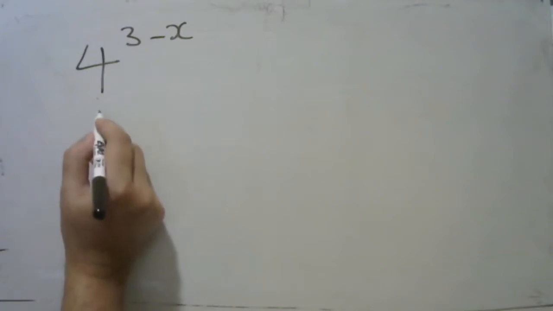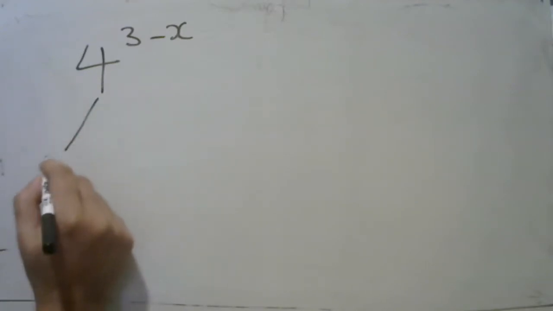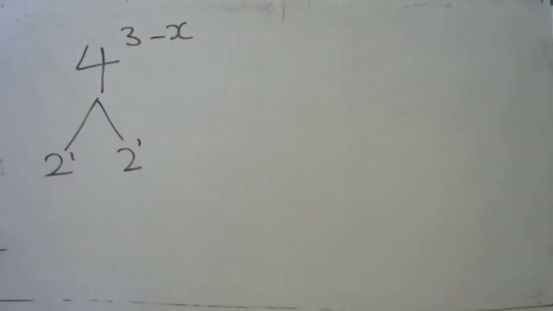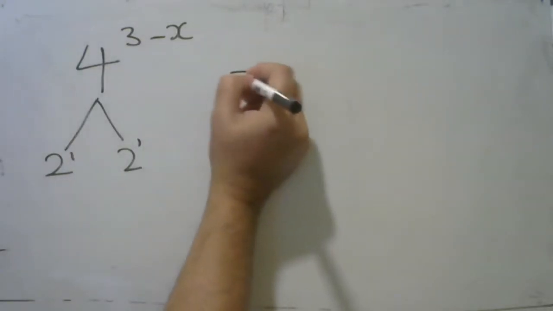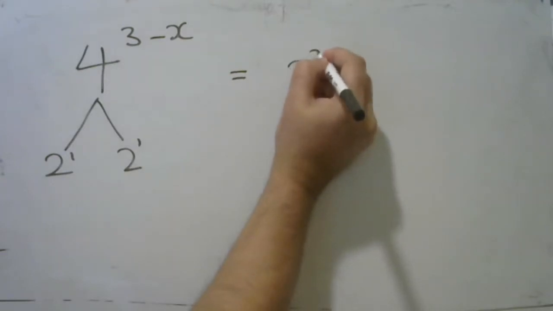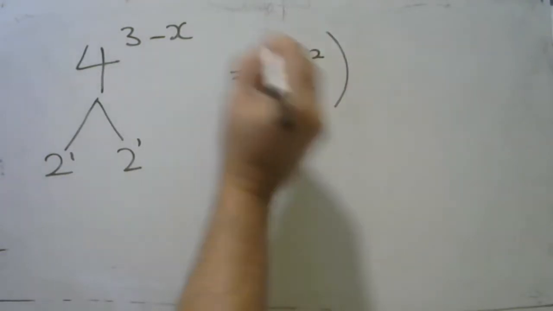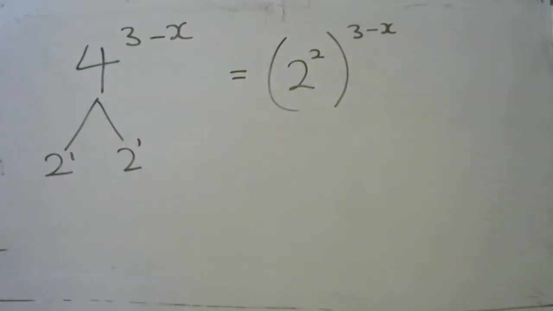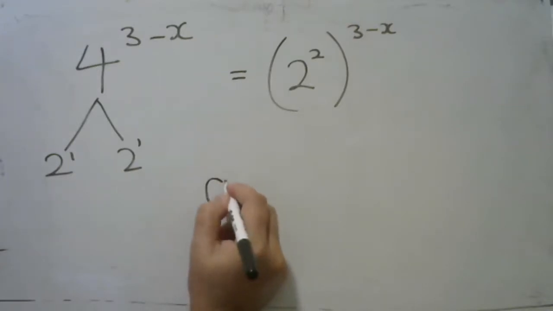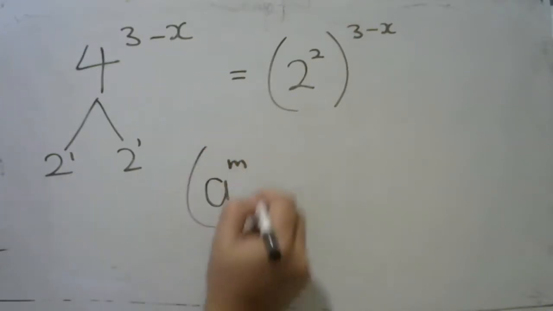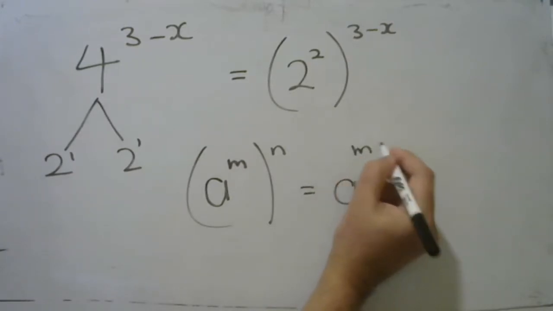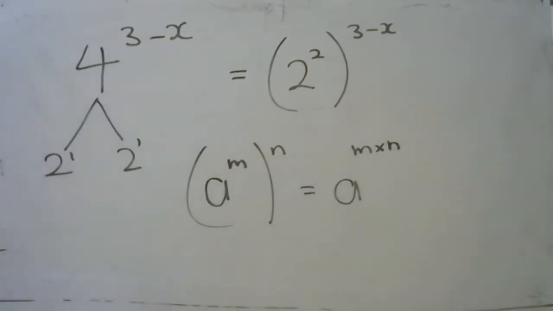This 4 is the same as 2 times 2, which means this here is the same as saying 2 squared, which is a 4, to the 3 minus x. But we know this law: a to the m to the n is equal to a to the m times n.